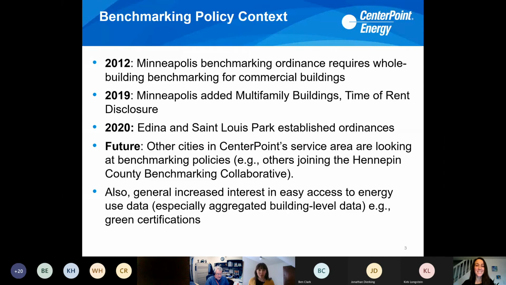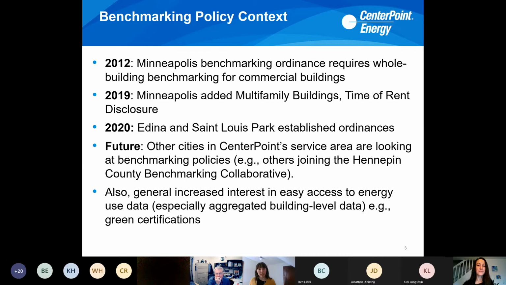So just a bit about benchmarking policy context. This in Minnesota goes all the way back to 2012 when the city of Minneapolis, which is kind of the heart of CenterPoint Energy's service territory, established a benchmarking ordinance for large commercial buildings, requiring them to submit aggregated data to Portfolio Manager for benchmarking purposes.